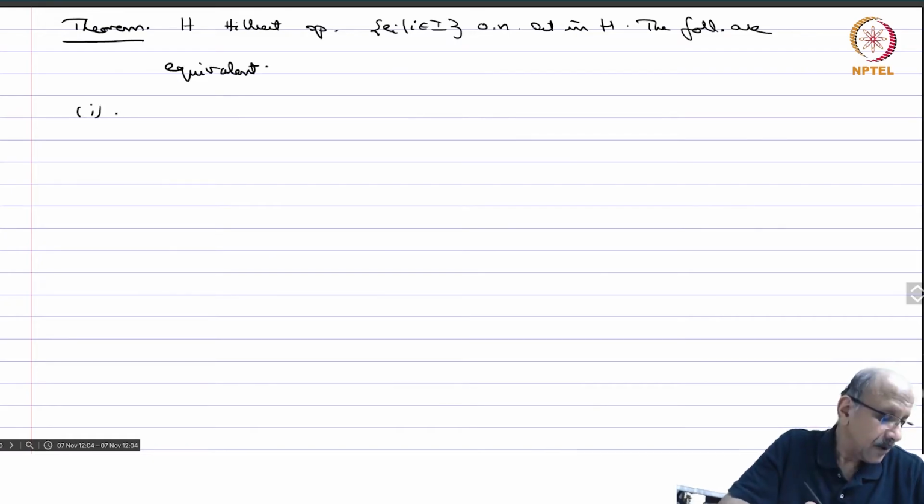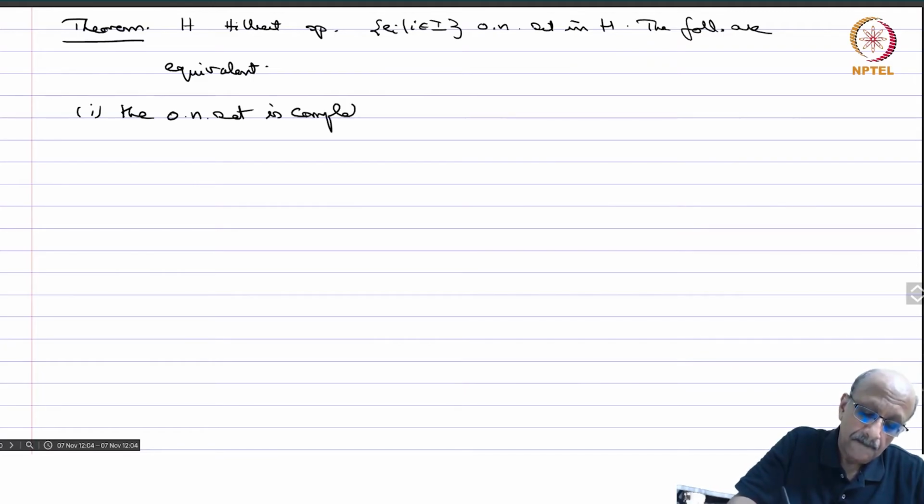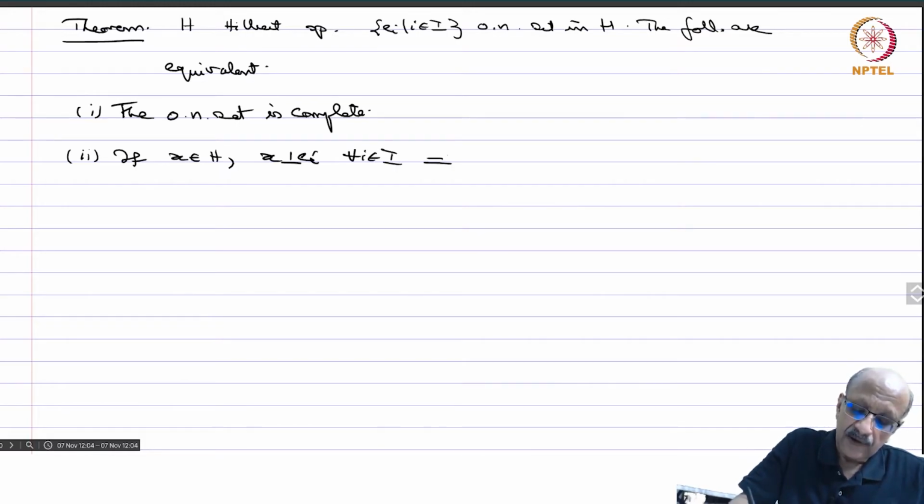One, the orthonormal set is complete. Two, if x belongs to H and x is orthogonal to e_i for all i in I, this implies x equal to 0.